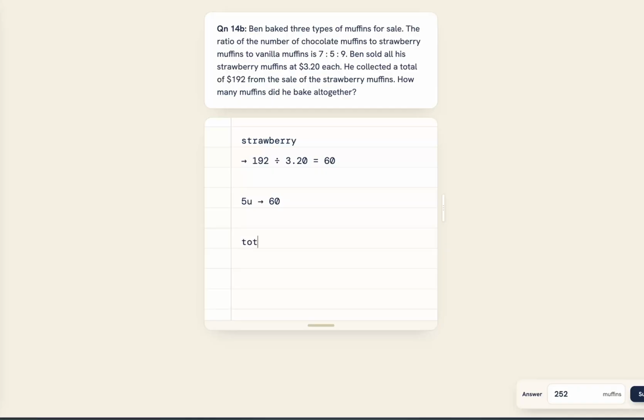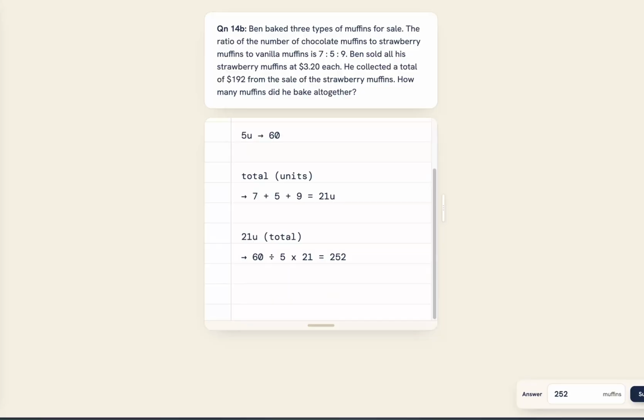So we want to know the total in terms of units, which is equal to 7 plus 5 plus 9, and this will give us 21. So we know the total units is 21. So we just write 21 units will be 60 divided by 5 times 21, and this will give us 252. There you go. So that's the answer, 252.